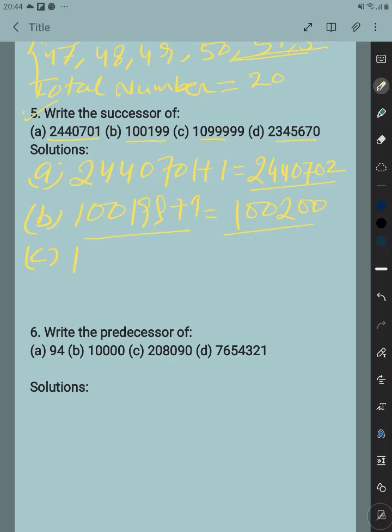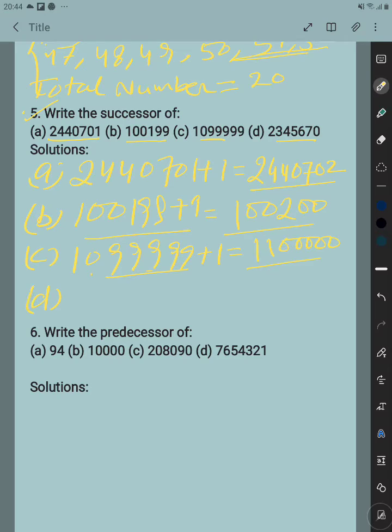C part will be 99999. How many 9s are there? 5 9s are there. If we add 1 to this, it will become 1 and all the rest will be 0. You can do it yourself, but it is like this. So 5 zeros are there.